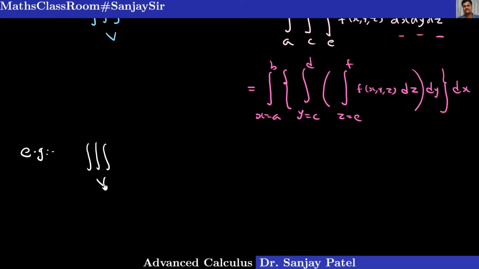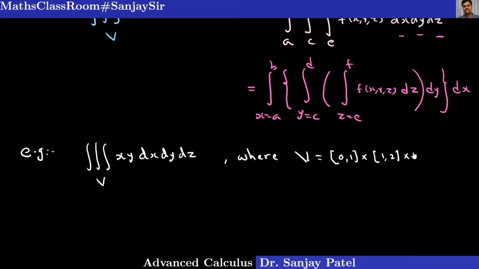over a volume V of this function x into y dx dy dz, where the volume V is the cross product of 0, 1, then let me take 1 comma 2, and let us take minus 1 comma 1.